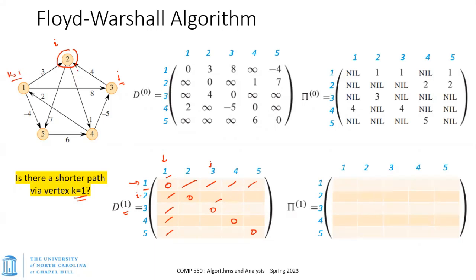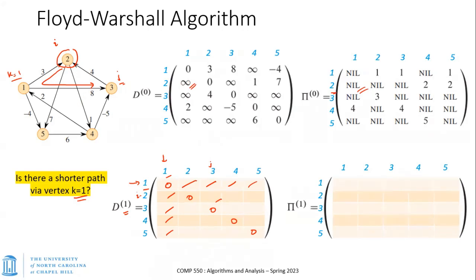Okay, so can you go from 2 to 1 to 3? Is that possible? Well, you're going to use the existing results. And the existing results basically say that if you want to go from 2 to 1, there is no current path, and it's infinite.